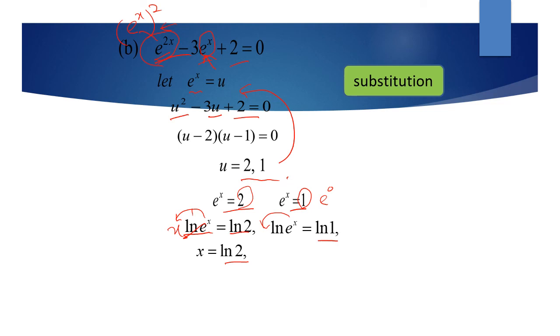We can bring x as the coefficient, so x natural log e is equal to x. So directly the answer will be x equal to 0. This is the same as if we use the indices for this part, because we have the properties. But for the left hand side, we cannot use any properties. So the answer is x equal to natural log 2 and x equal to 0.